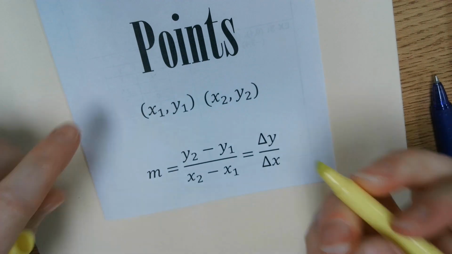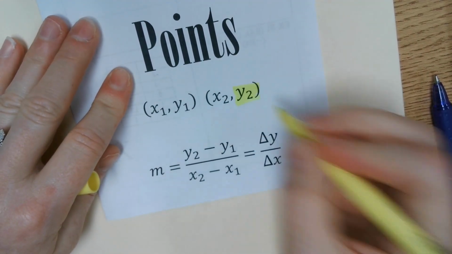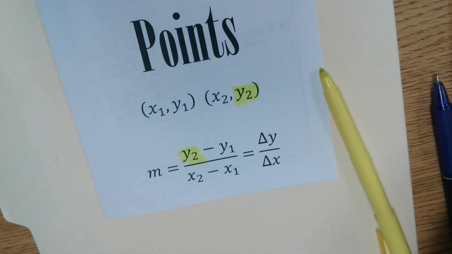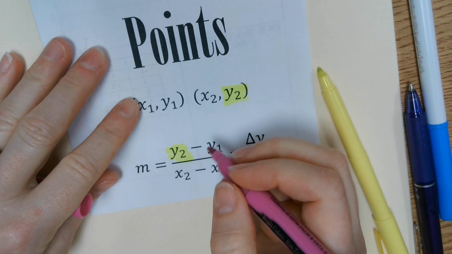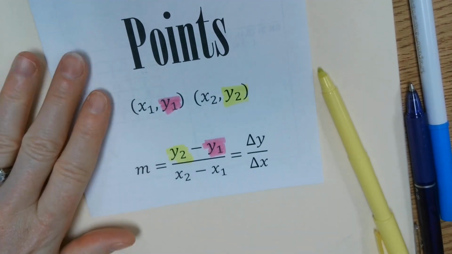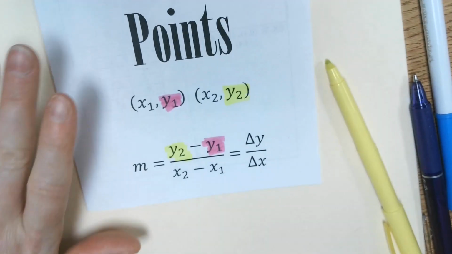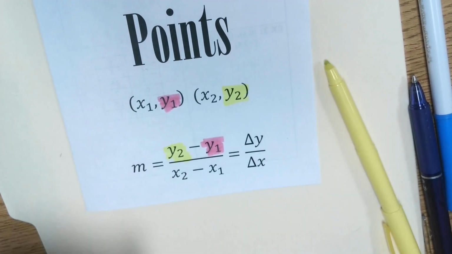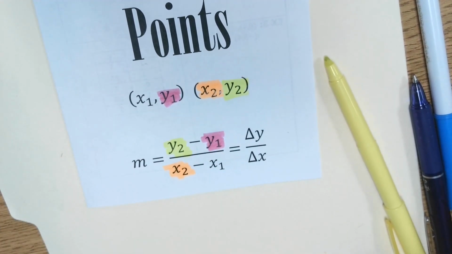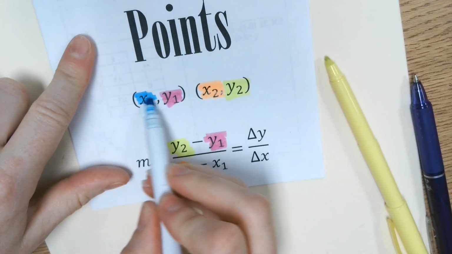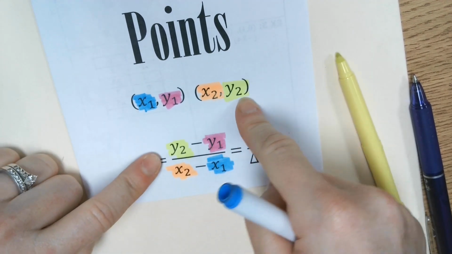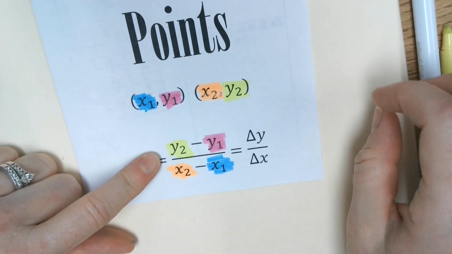So the formula is y2 minus y1 over x2 minus x1. I'm just highlighting so you see where the points come from for the formula.